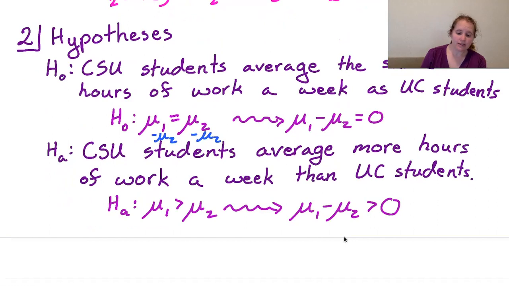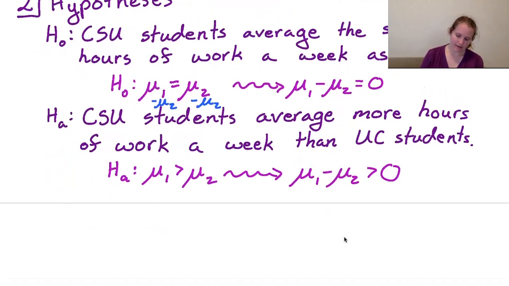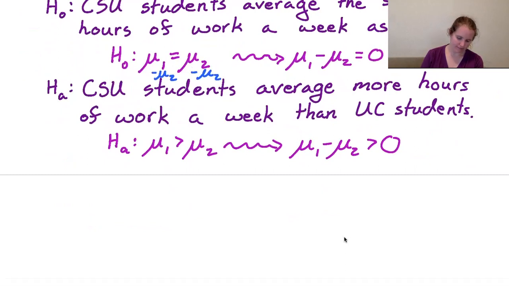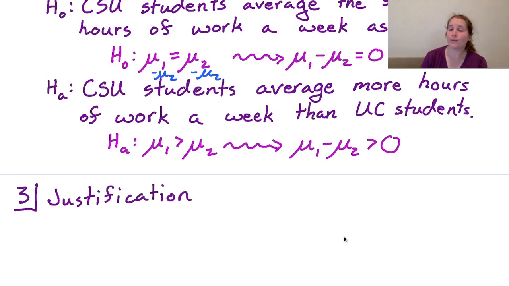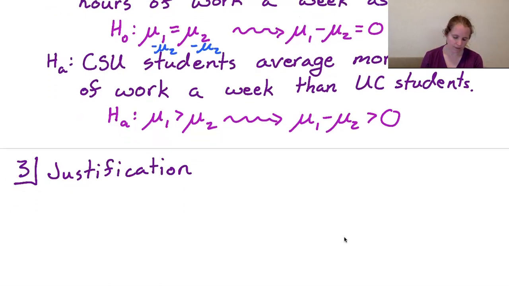The next thing we need to do is justify that we can run our test. This is our justification. We need a good sampling technique for both samples, and then we need our normality condition.